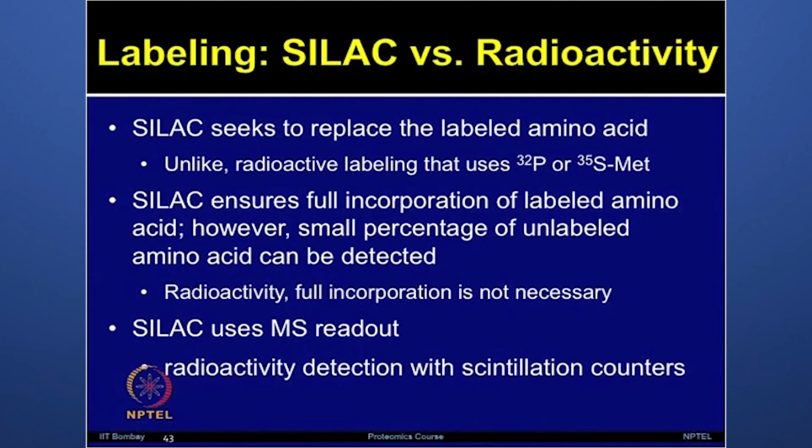However, a small percentage of unlabeled amino acids can be detected. In radioactivity based labeling, full incorporation is not necessary. In SILAC, one can read out the signals by using mass spectrometers, whereas radioactivity detection is possible by using scintillation counters or by registering films for the signal intensity.